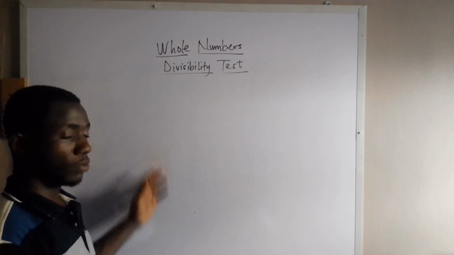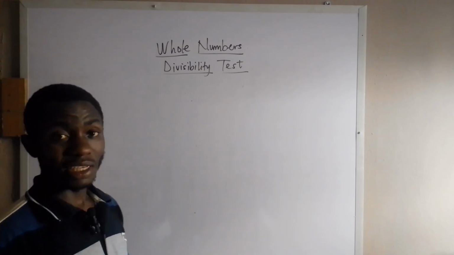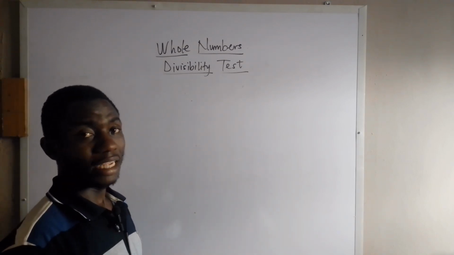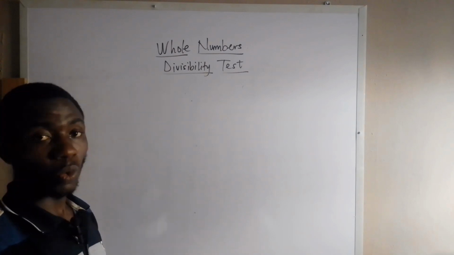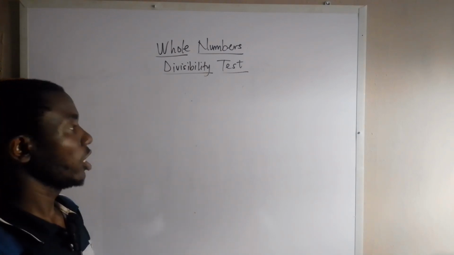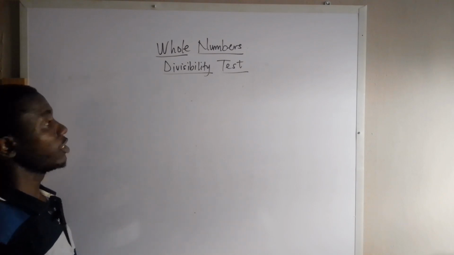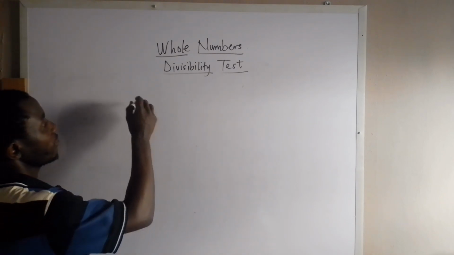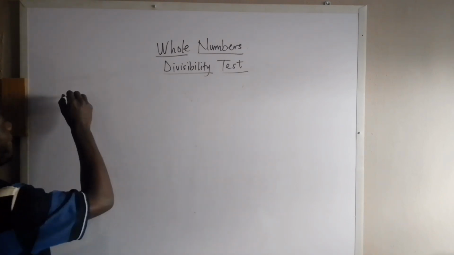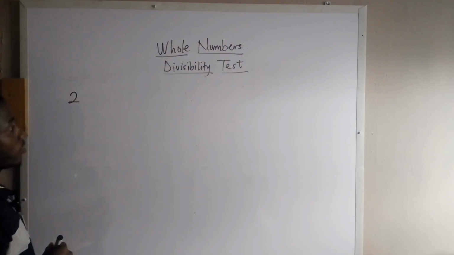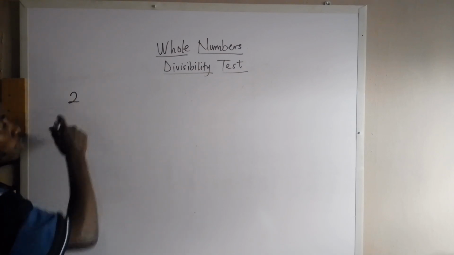I'm going to list out some digits which we are going to test when they can divide into a number and when they cannot divide into a given number. So starting with the first digit, we have 2.